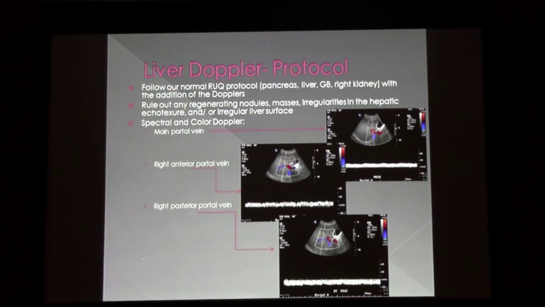So when evaluating the liver, we rule out any regenerating nodules, masses, irregularities in the hepatic echo texture, and we look for an irregular liver surface. Once you get to the Dopplers, start by looking at the main portal vein, the right anterior portal vein, and then the right posterior portal vein, which should be going in a direction away from you in a normal liver Doppler.